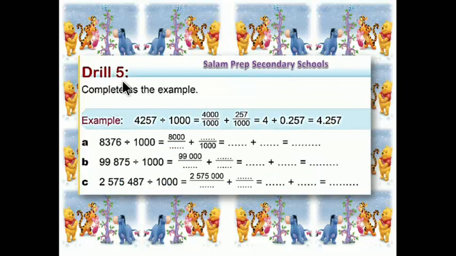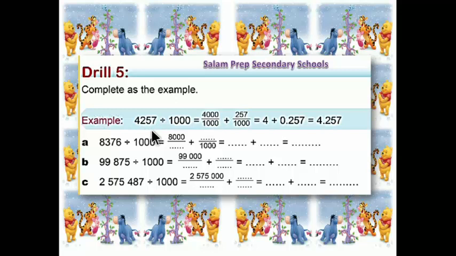Drill 5. Complete as the example. 4,257 divided by 1,000. We can write this division equation in form of fraction. 4,257 over 1,000.